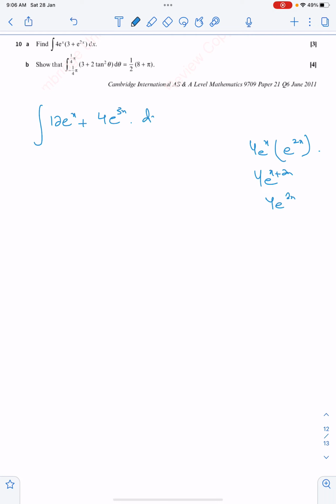Dx. So I'm supposed to integrate this. This will become 12e^x upon 1 plus 4e^3x divided by 3. So this is the answer. This is done.